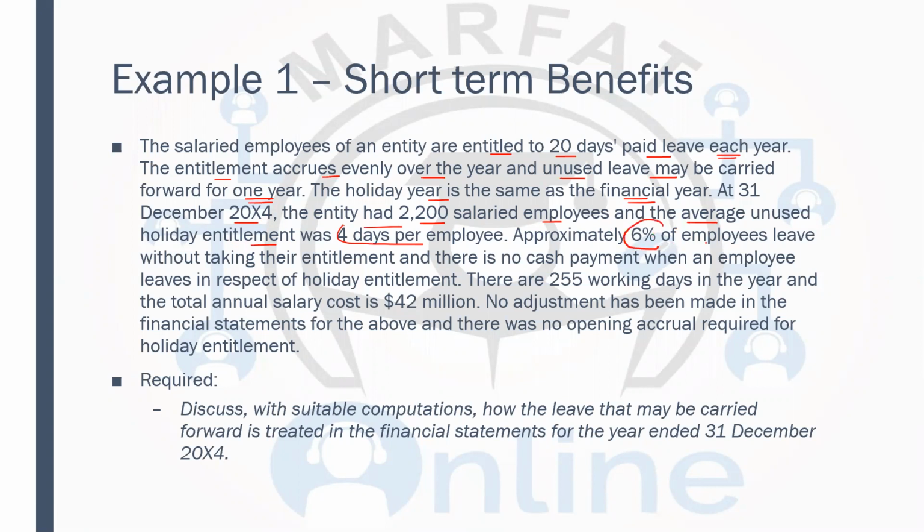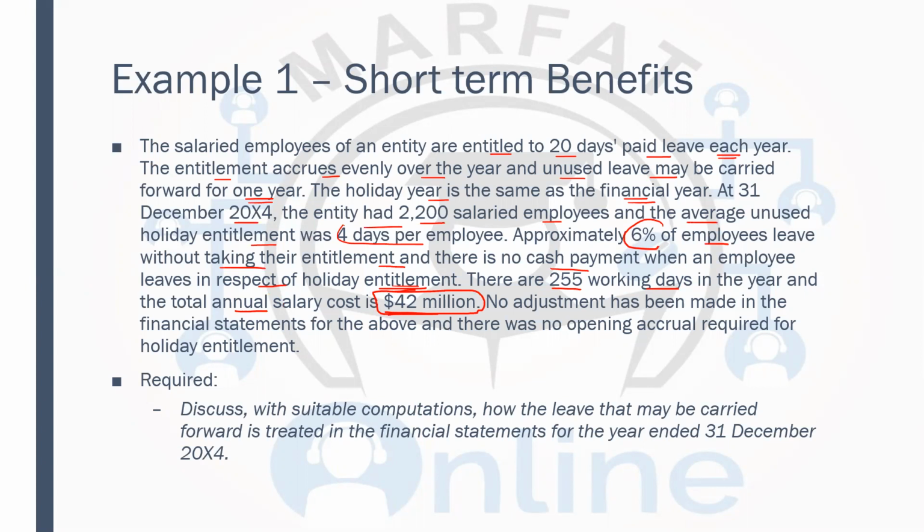Approximately 6% of the employees leave without taking their entitlement, and there is no cash payment when an employee leaves in respect of the holiday entitlement. So 6% will not be taking the benefit, and there is no payment as well. There are 255 working days in the year, and the total annual salary cost is 42 million.